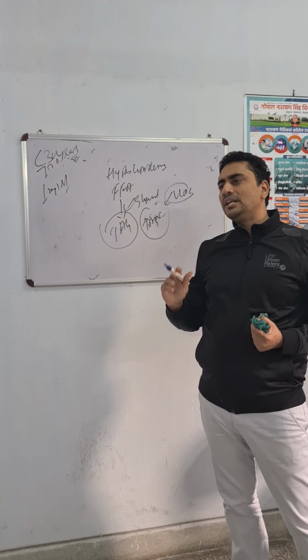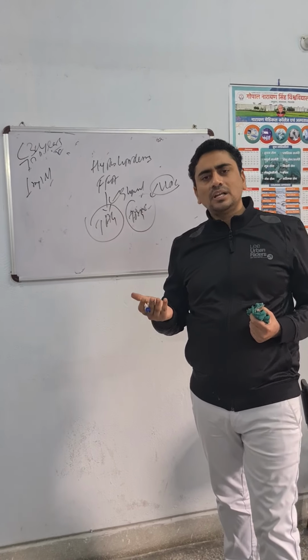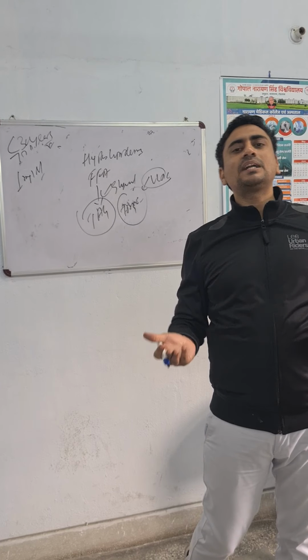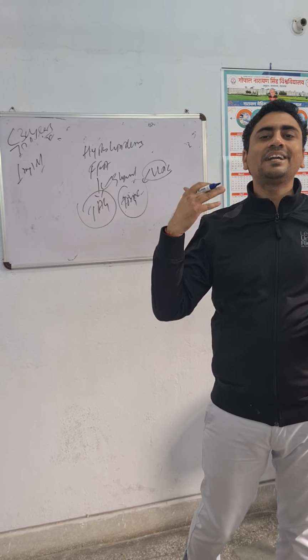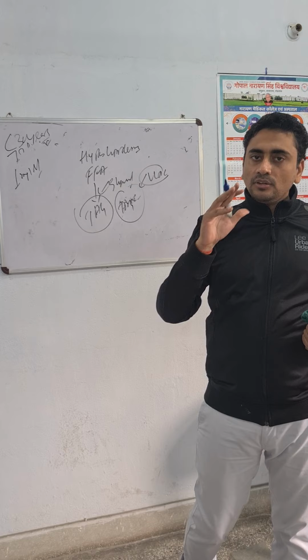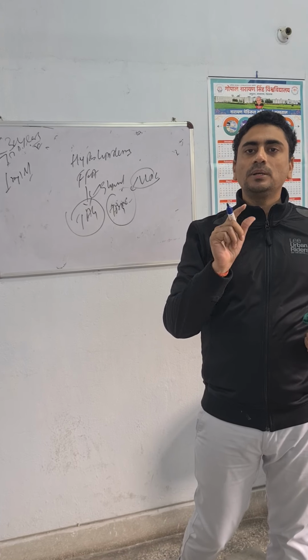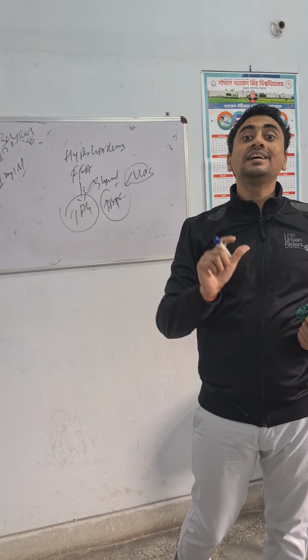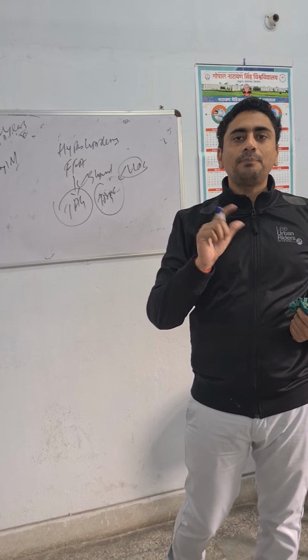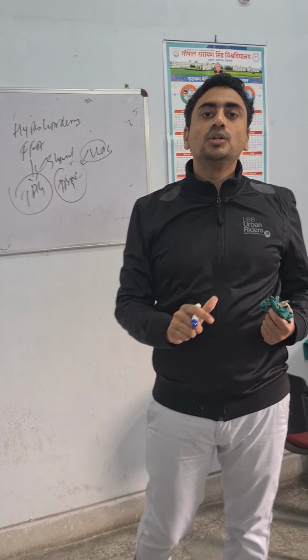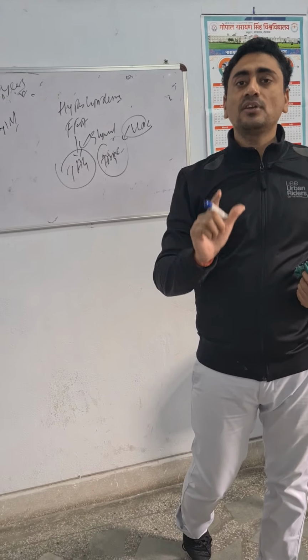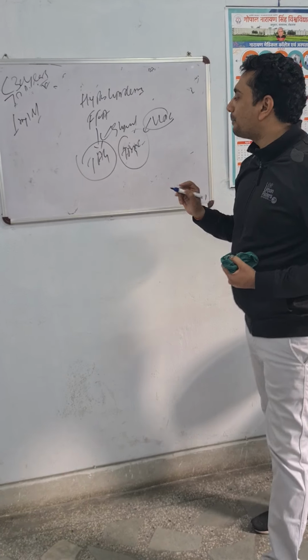Since in diabetic individuals insulin is totally absent, VLDL metabolism will get hampered. Why? Because VLDL metabolism requires an important enzyme called lipoprotein lipase, and lipoprotein lipase activity will be less due to absolute deficiency of insulin.